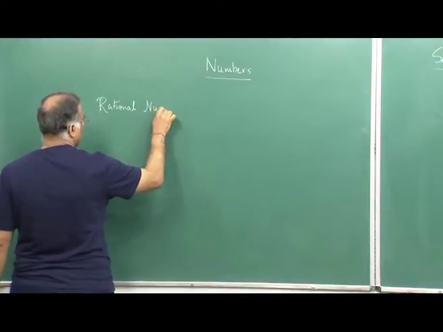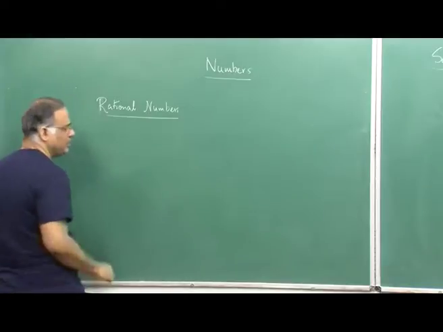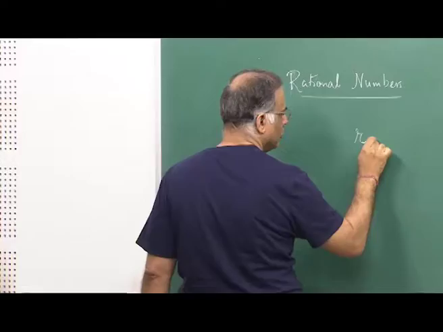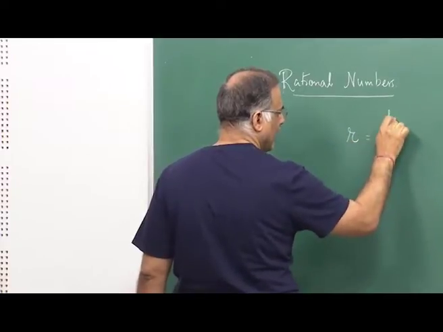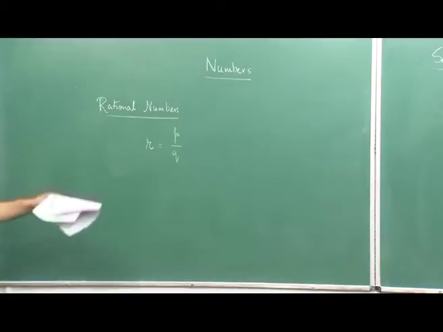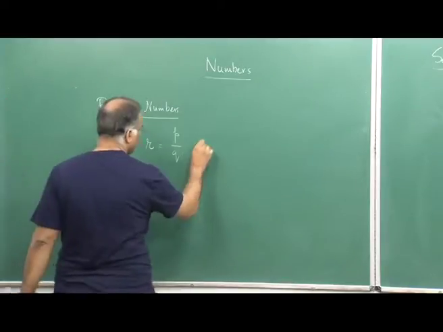So, what are rational numbers? Rational numbers are any number, say r, which is expressed as the ratio of two integers p and q, where q is not equal to 0.